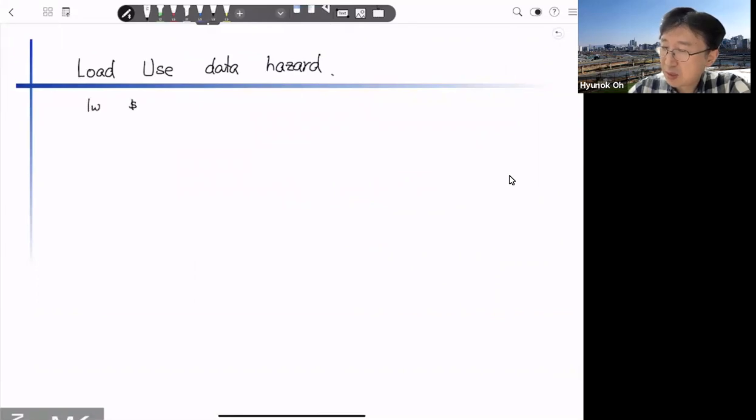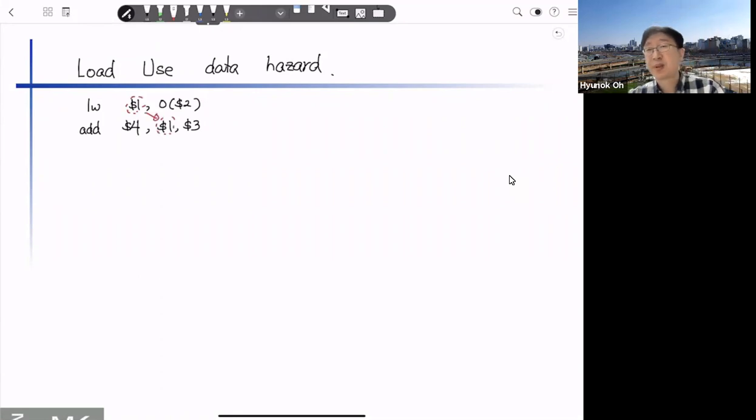Load, and then this is doing an addition using the fetched data. So there is a data dependency. The difference is that in the previous case, the previous instruction was an arithmetic or logical operation, and now it is a memory operation.